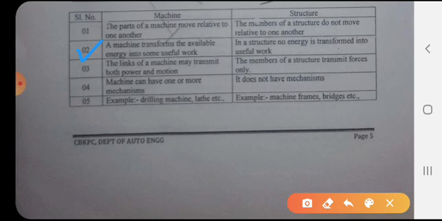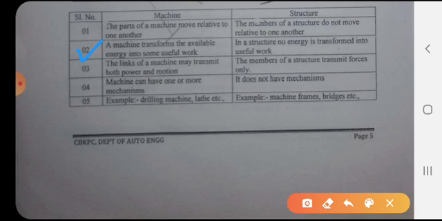As you know, in the first video I gave a lot of examples of a machine transforming the available energy into useful work. For example, in the case of mechanical energy, machines use mechanical energy to do work.